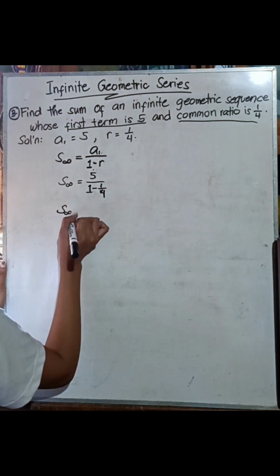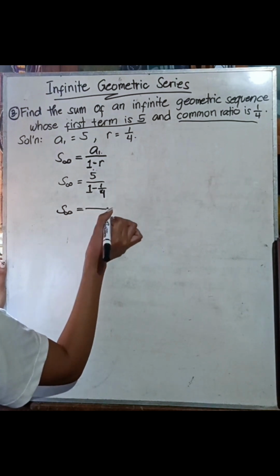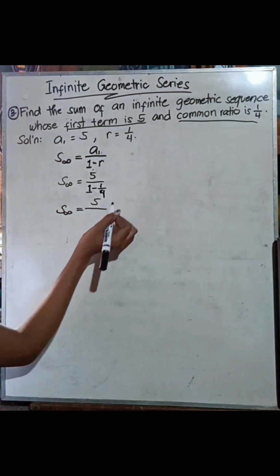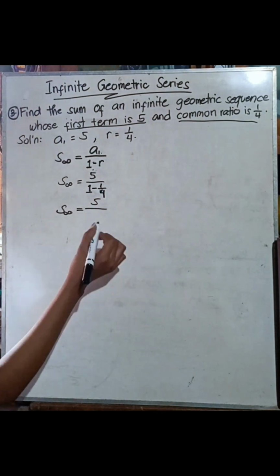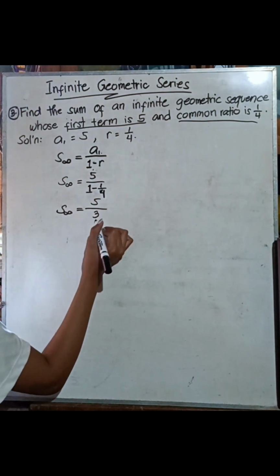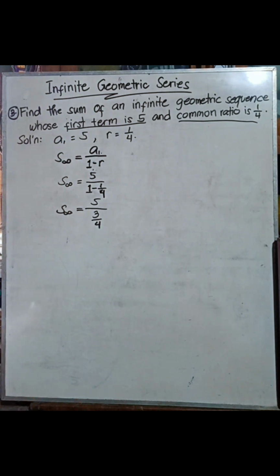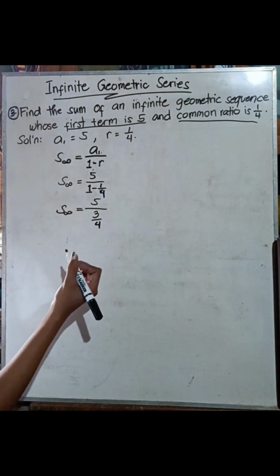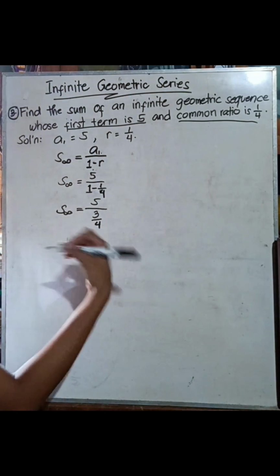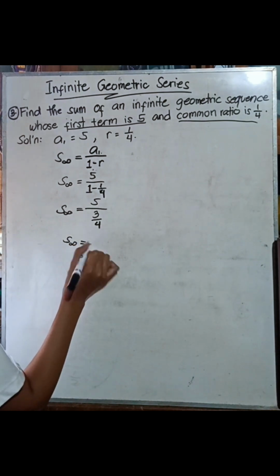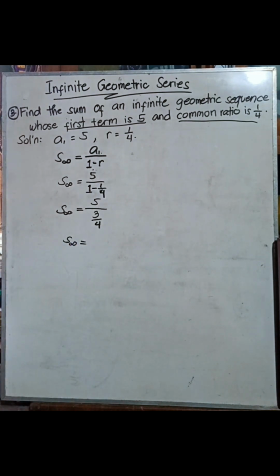S sub infinity is equals to 5 over 1 minus 1/4, which is equals to 3/4. One whole, one kilo, minus 1/4. So, that is 3/4, right?